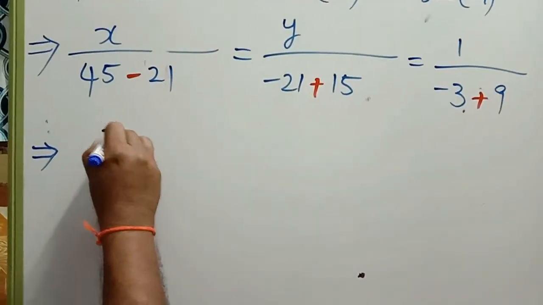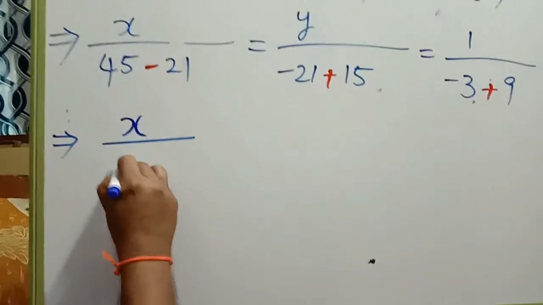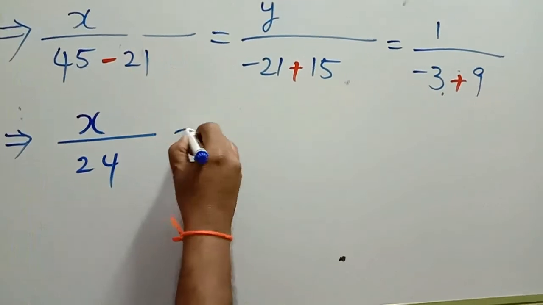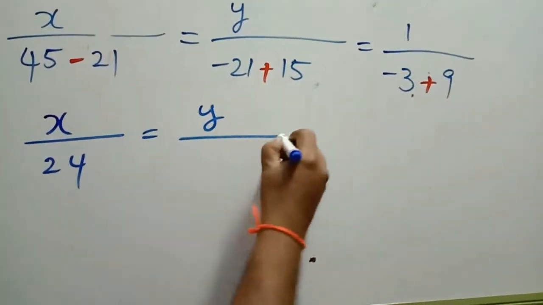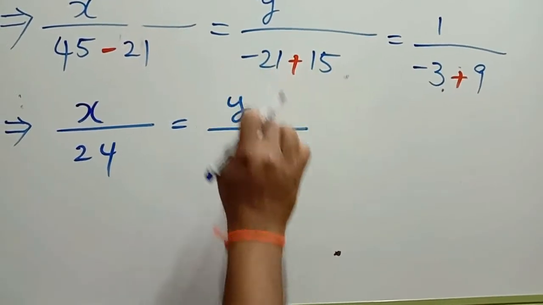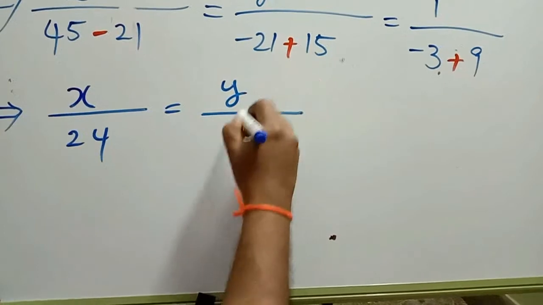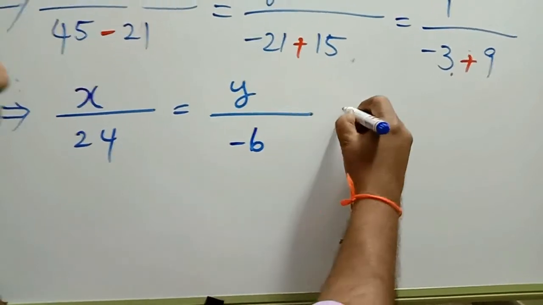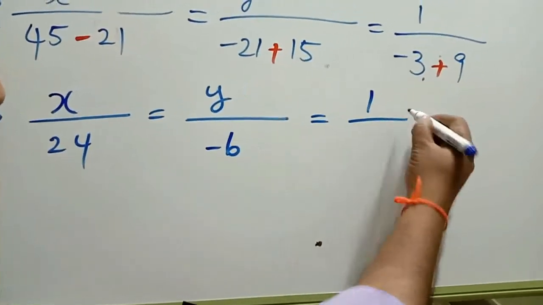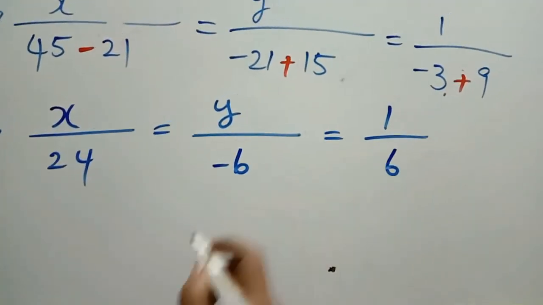So x by 24 is equal to y by minus 21 plus 15, that is nothing but 15 minus 21 is equal to minus 6 is equal to 1 by minus 3 plus 9. 9 minus 3 is equal to plus 6.